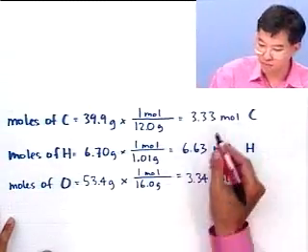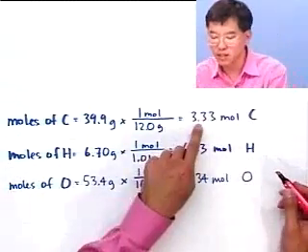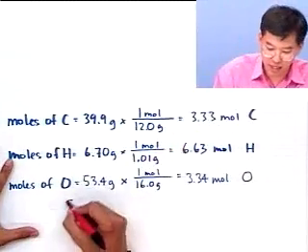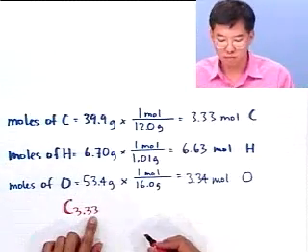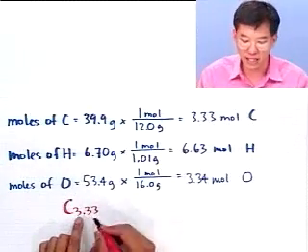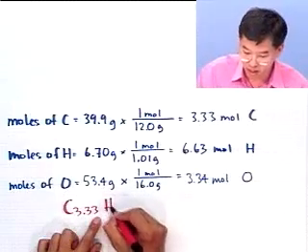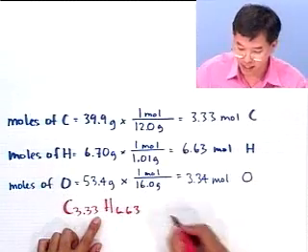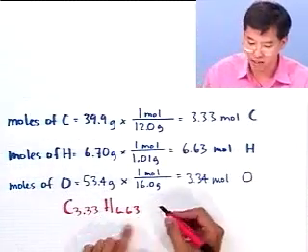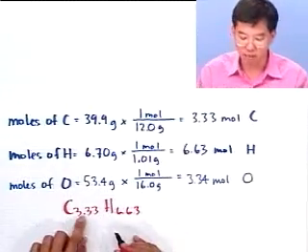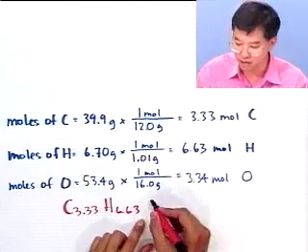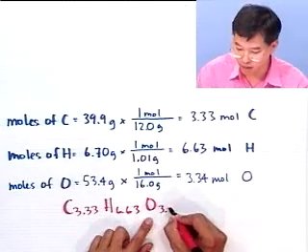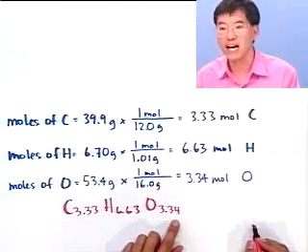So if we imagine that our sample consists of 3.33 atoms of carbon to 6.63 atoms of hydrogen to 3.34 atoms of oxygen.